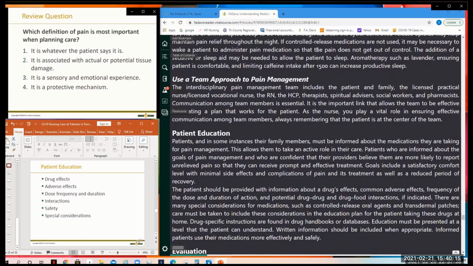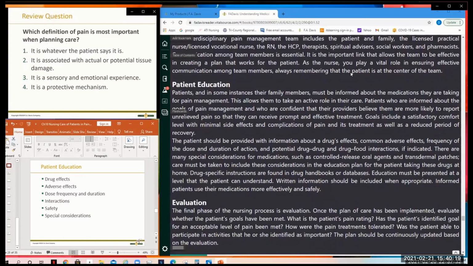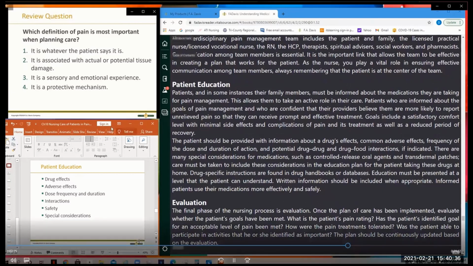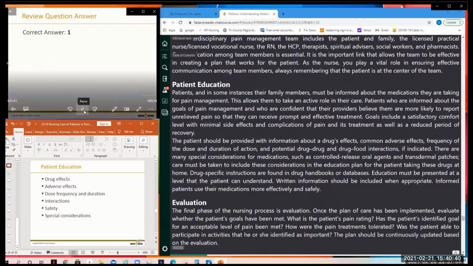Communication among team members is essential. It is the important link that allows the team to be effective in creating a plan that works for the patient. As the nurse, you play a vital role in ensuring effective communication among team members, always remembering that the patient is at the center of the team.